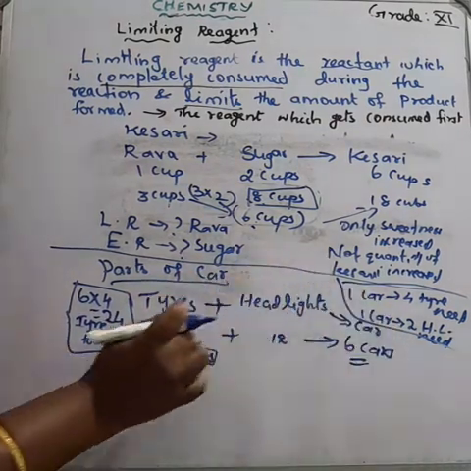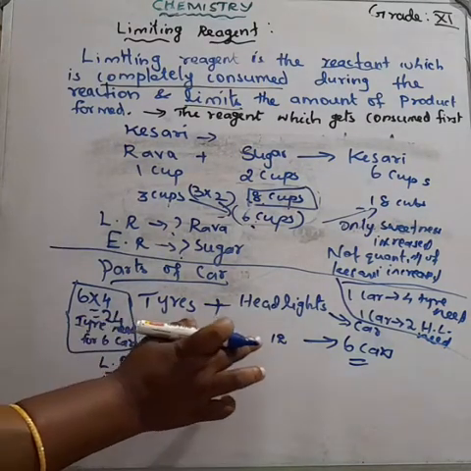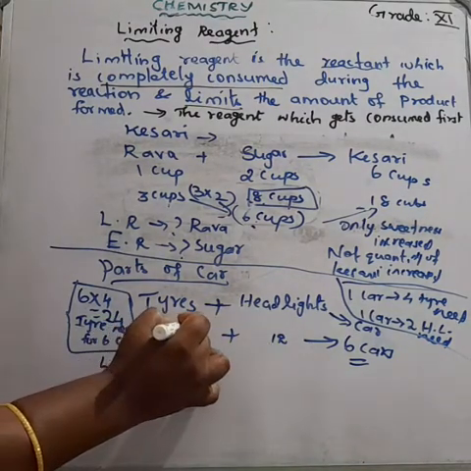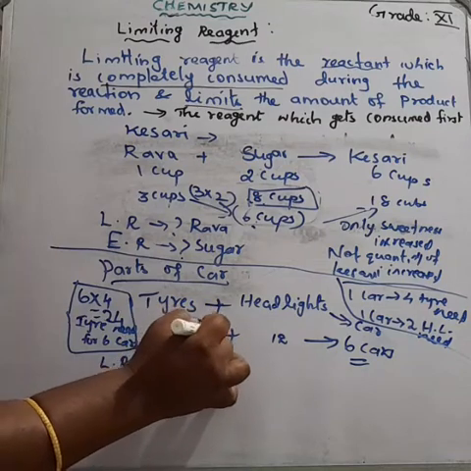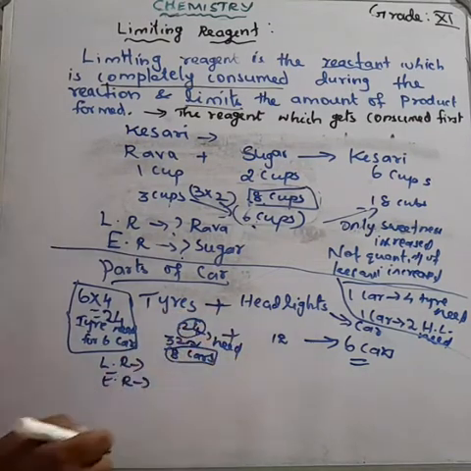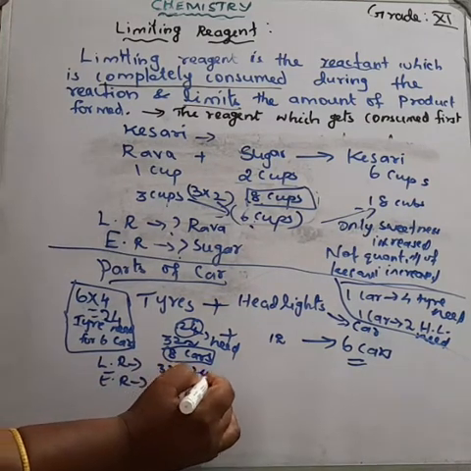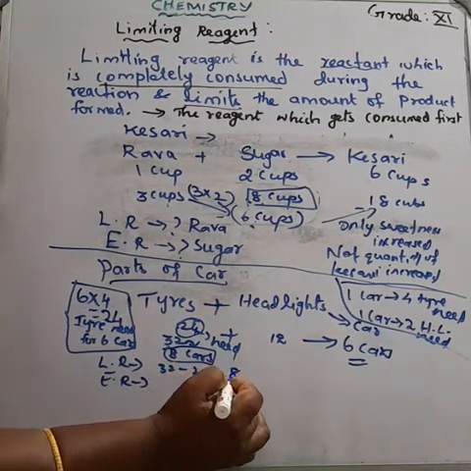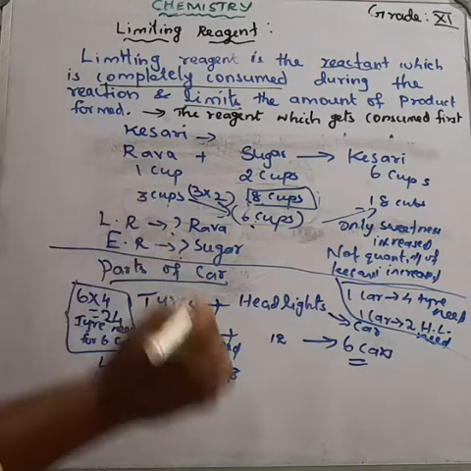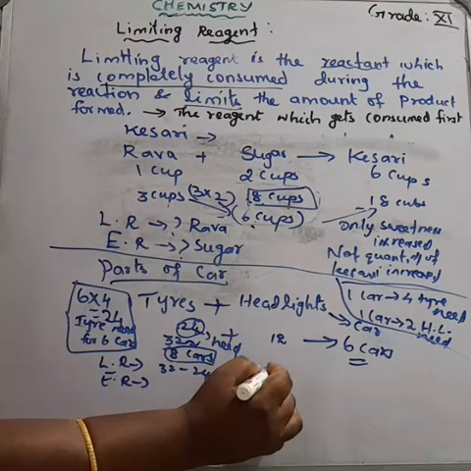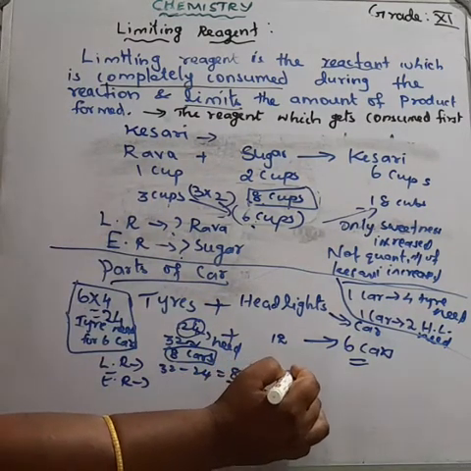So to prepare 6 cars, how many tires do we need? 24 tires only we need. Understood. So 32 minus 24, how much do we get? 8 tires extra. 8 tires in excess here.